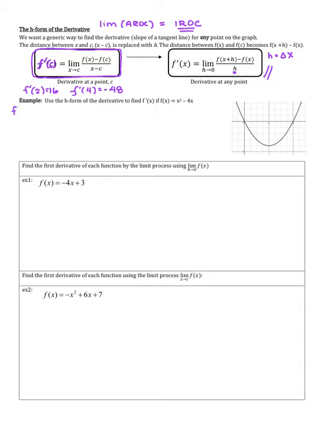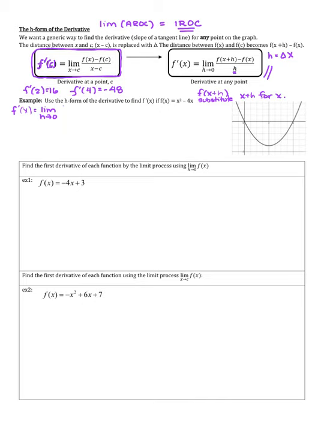We know that f prime of x is going to equal the limit as h goes to 0, so that's like saying as my two x values are approaching each other, f of x plus h is going to be substituting. So we want to find f of x plus h. That means I substitute wherever I see an x, I'm going to substitute in x plus h.